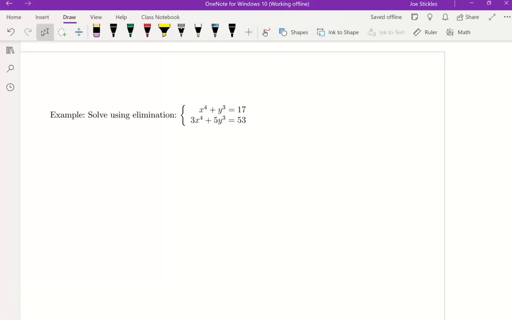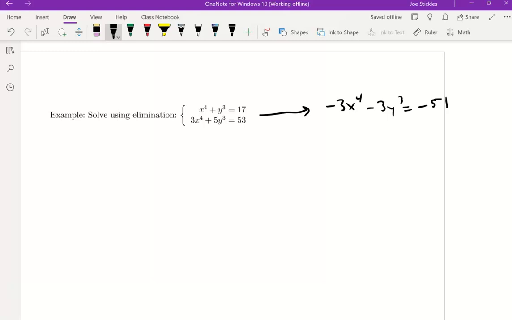What do we need to do? If we want to eliminate the x, what do we do first? Good, yeah, good move. Multiply that first equation by -3. Don't forget to do that to everything, like I just tried to do. I almost forgot to multiply it on the right-hand side.